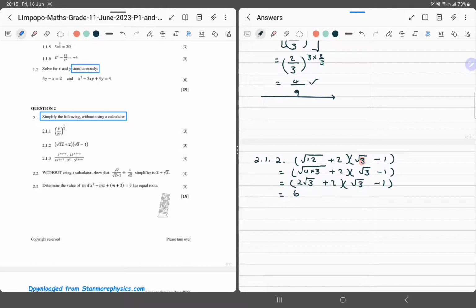Then 2 times minus 1 is minus 2. So the answer is 4. So you see, that was a difference of 2 squares, but hidden in some way. What is important is this step, getting there by doing the FOIL method, and the final answer.